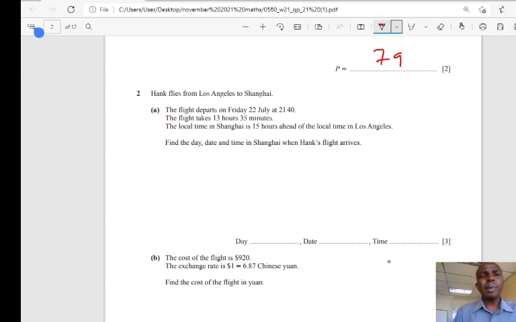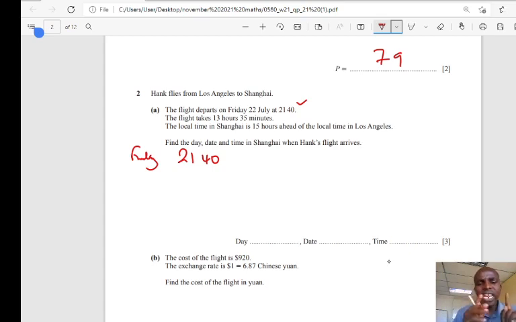Right. First part, we are being told that the flight departs on Friday. So it was on a Friday. I can write Friday here. And the time was 21:40. And it was 22 July, right? Then the flight takes 13 hours 35 minutes.